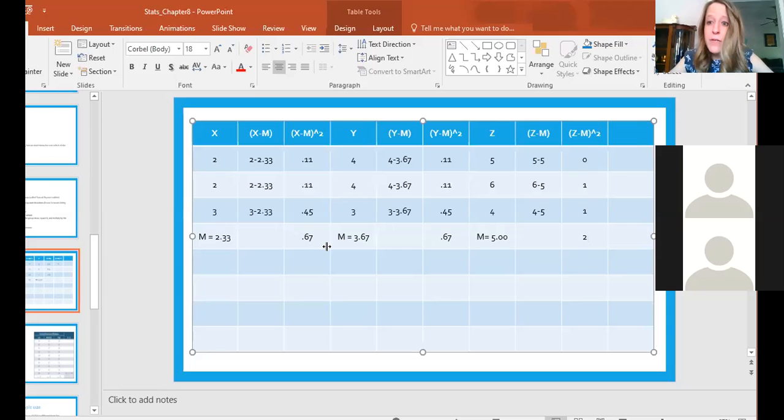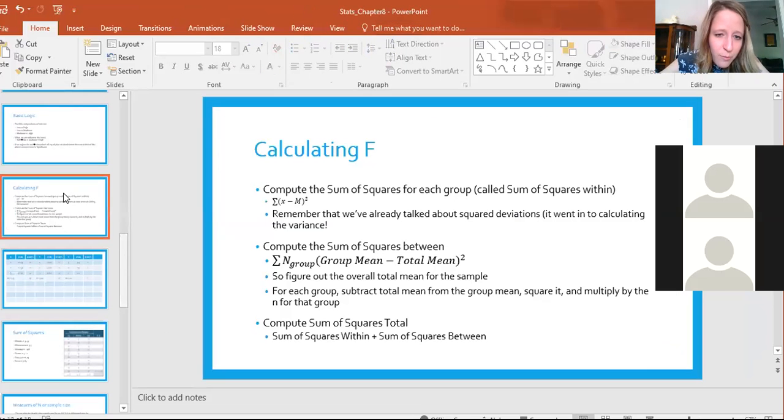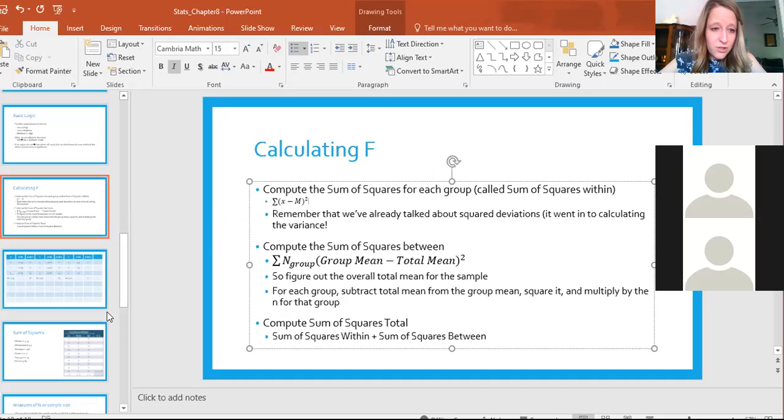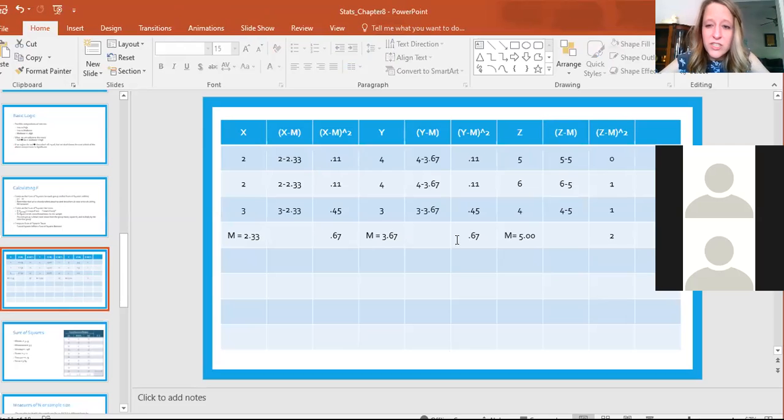Okay, so if you remember, let's go back to our overall formula, right? So it says compute the sum of squares for each group, called the sum of squares within. So that is the sum of x minus m squared. So we just need to add all of these together.